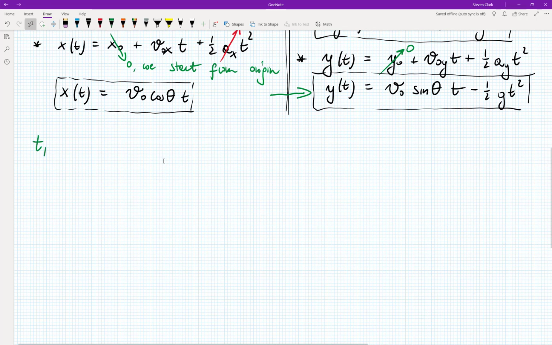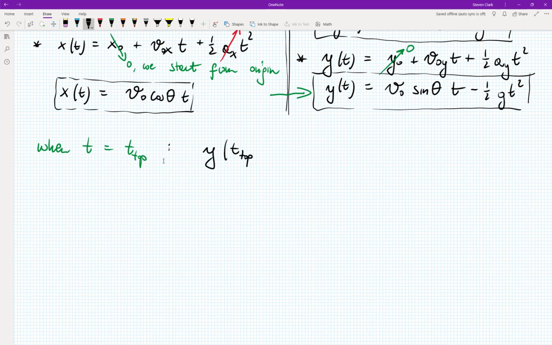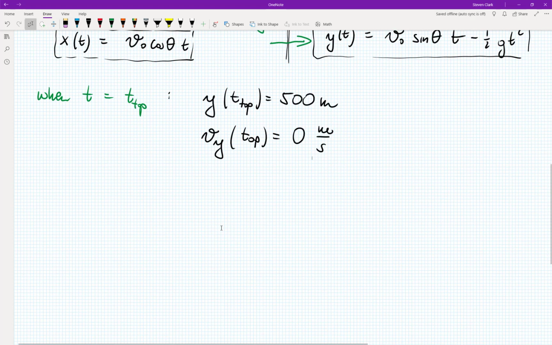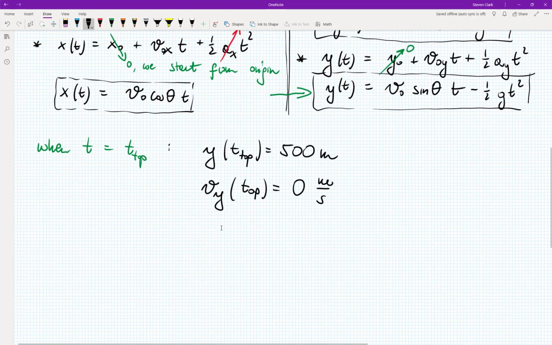Yeah, T top. So when t equals t top, we for sure have y of t top equal to 500, and also Vy at t top is 0 meters per second. So we will solve that problem using that. Awesome, guys, thank you. So, what do we have in here?